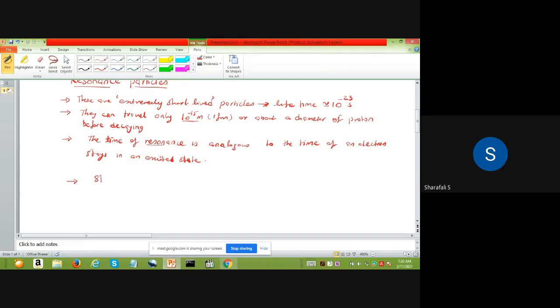Strongly decaying particles, which means the particles decaying under the strong interaction, strong force.